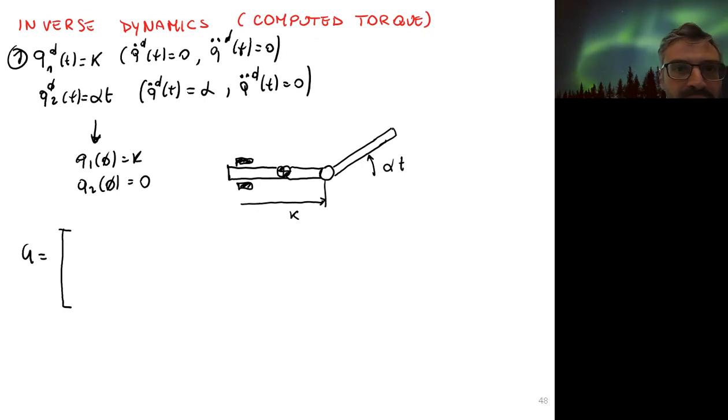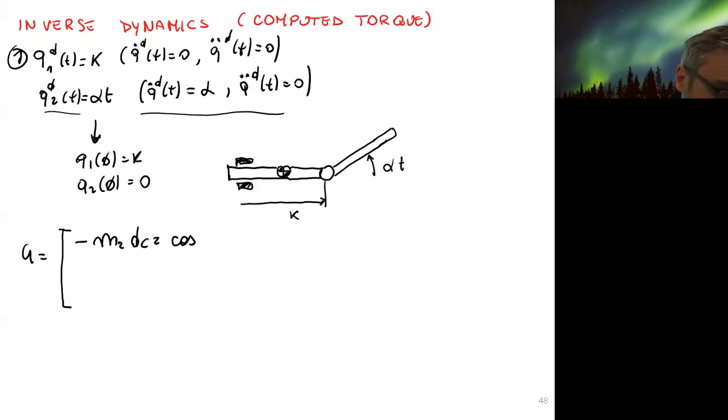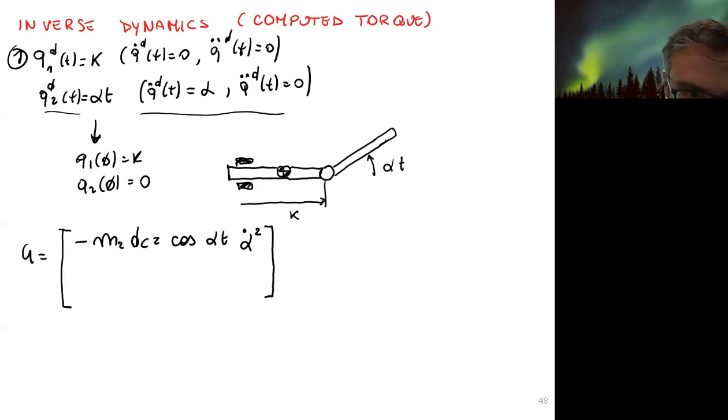We plug this into the dynamic equation. We have no inertial forces, and we see that we have only the centrifugal force, cosine of alpha t times Q2 dot squared, that is alpha squared, and we have 0 for the second joint.